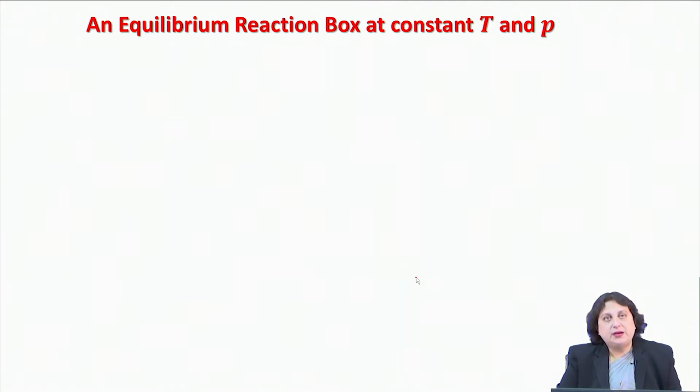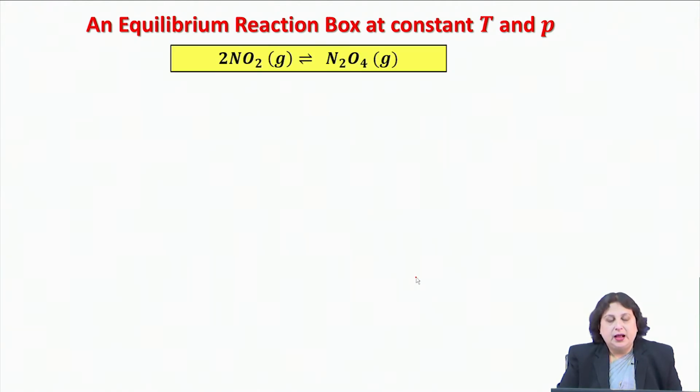And this thought experiment will concern an equilibrium reaction box which is being maintained at a constant temperature and pressure. And within this box, this reaction would happen where 2 moles of nitrogen dioxide in the gas phase will combine to give you 1 mole of N2O4, dinitrogen tetroxide.